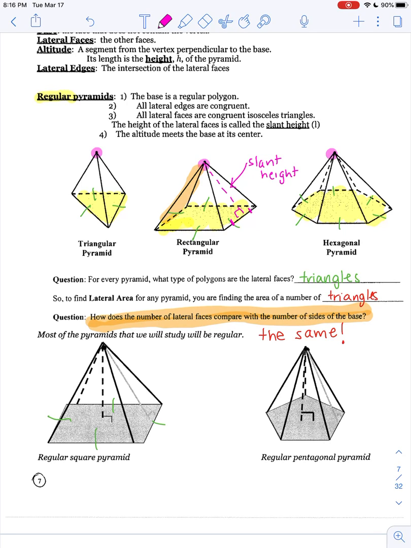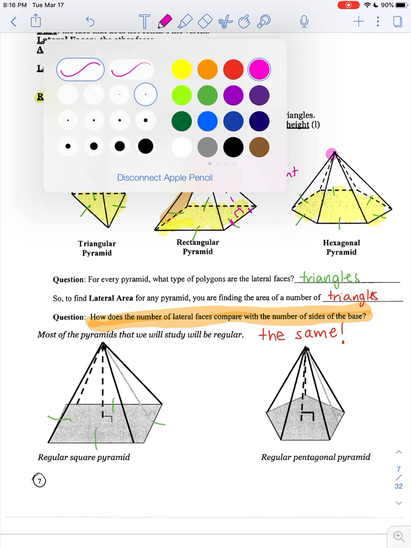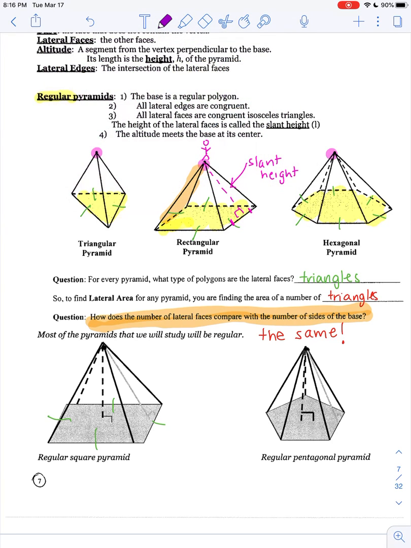If I was standing at the top of, say, this rectangular pyramid, and I asked you how high am I, how far up am I on this pyramid, it wouldn't be measured by the slant height, but by the altitude. The altitude is if you had a hole in the middle of that pyramid and you were to drop a rope straight down.